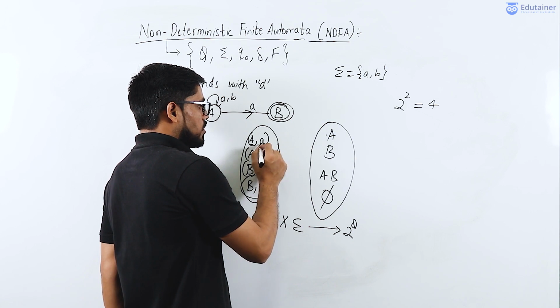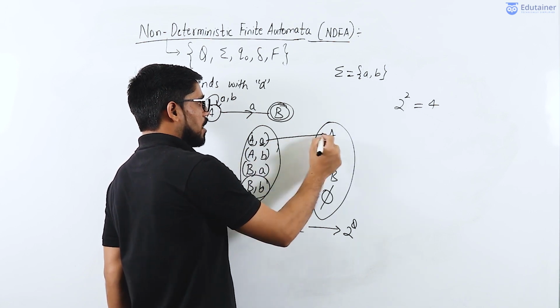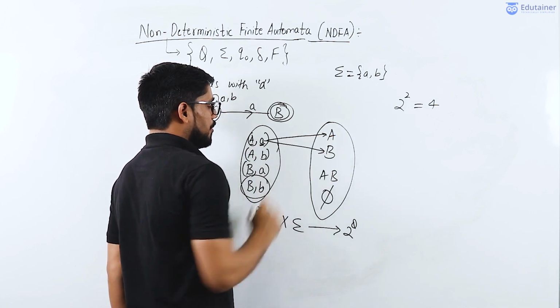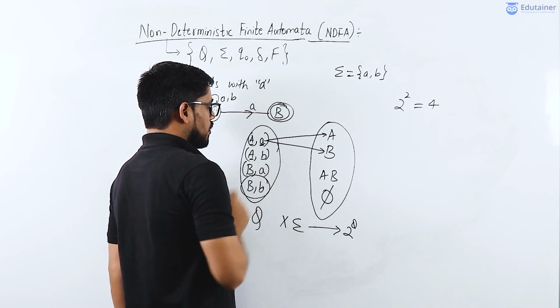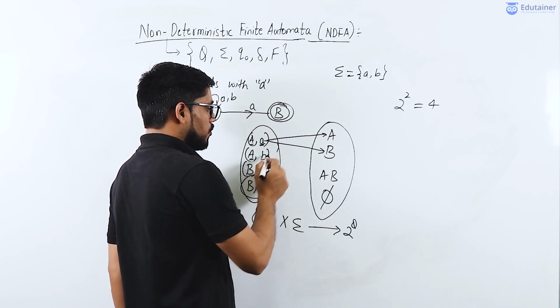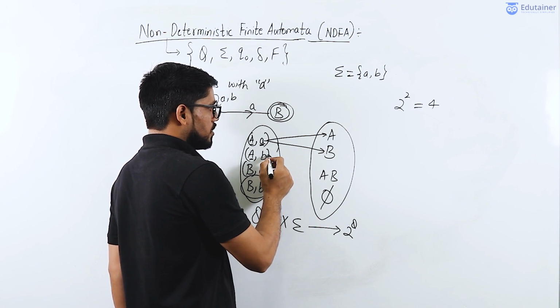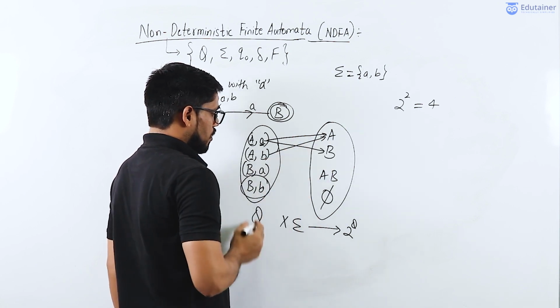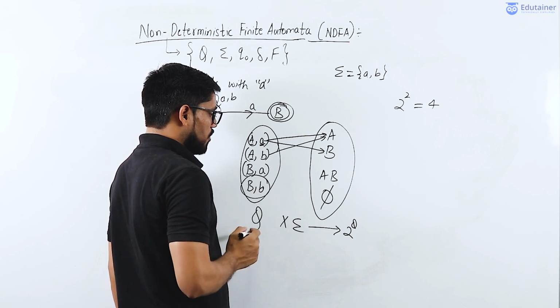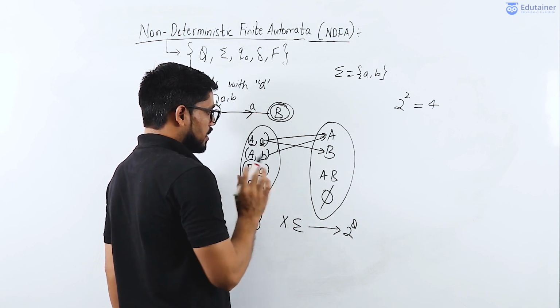On capital A, if you see small a, you will go to the state capital A as well as capital B. If small b is your input, then you will go to the state capital A itself. And what about small a and small b for the capital B state?